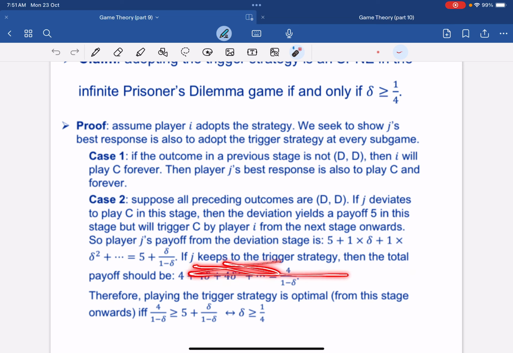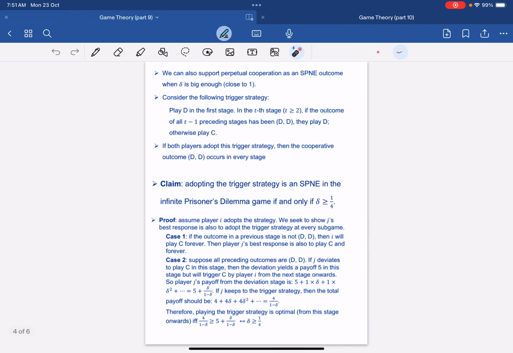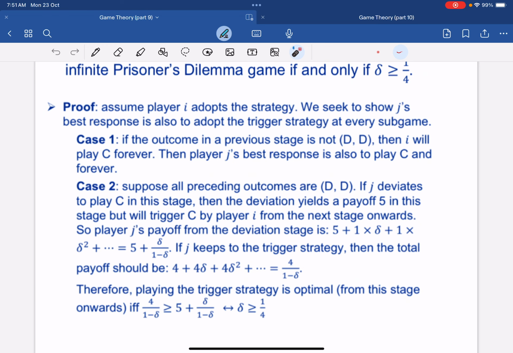And if J were to keep to this trigger strategy, then the total payoff should be this, because J will always have 4.